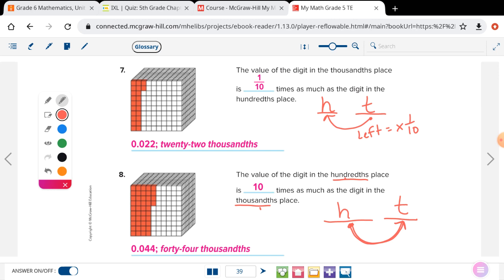The tenths, because you would get the bigger chunk, because you're splitting one whole into 10 pieces, one whole into 100 pieces, or one whole into 1,000 pieces. Yeah, so the closer to the decimal point are the larger numbers.